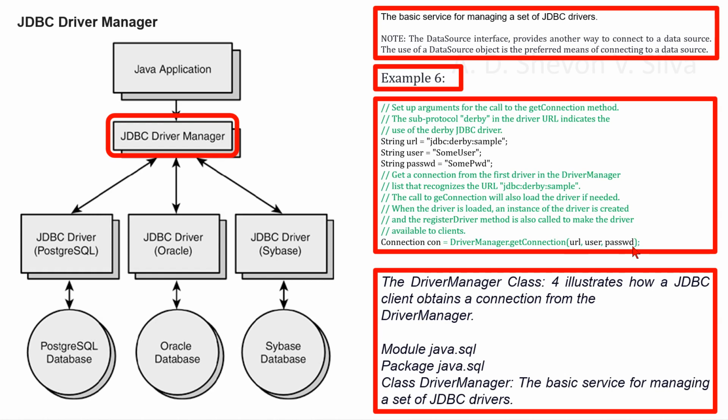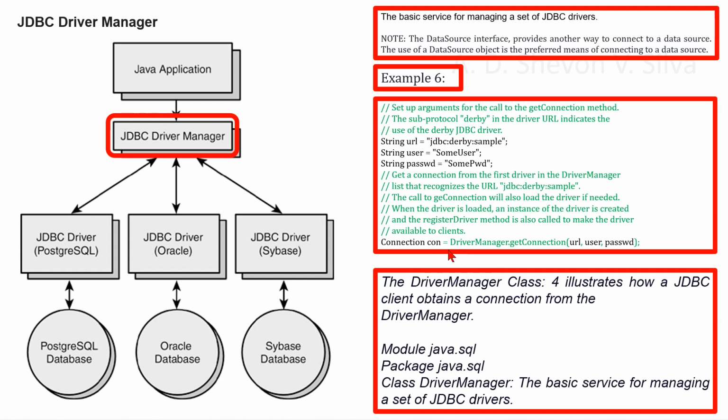This invocation includes the JDBC URL, which the driver manager passes to each driver in its list until it finds one whose driver.connect method recognizes the URL. That driver returns a connection object to the driver manager, which in turn passes it to the application.